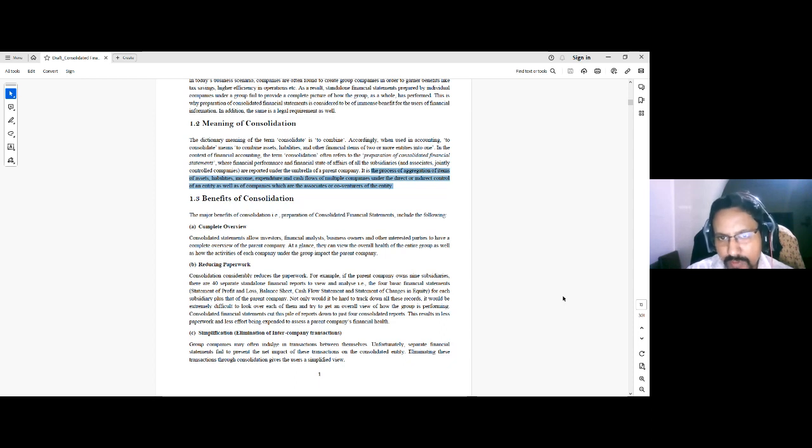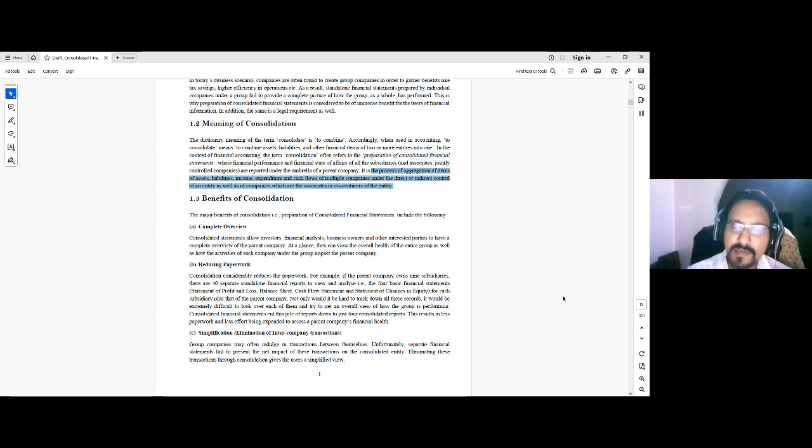By controlling the other company's decisions, this parent company is still able to expand its activity through those other organizations where it is acquiring the controlling interest. So basically, consolidation is mainly meant for this parent-subsidiary relationship.